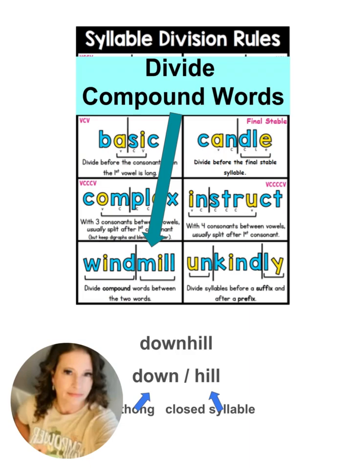The next thing that I notice is that down, with the OW, is a diphthong, and hill is a closed syllable, meaning the closed syllable ends in a consonant, which means it has a short vowel sound.